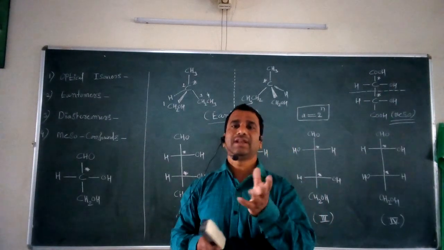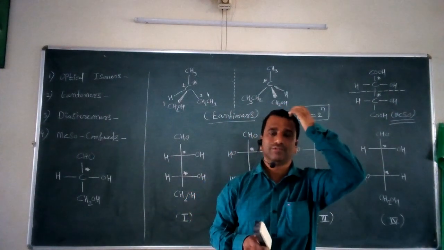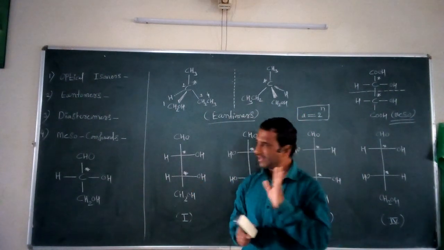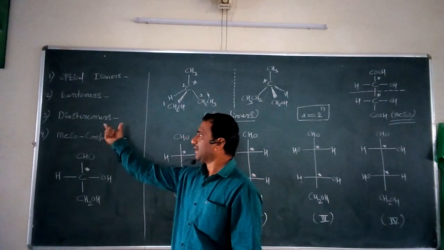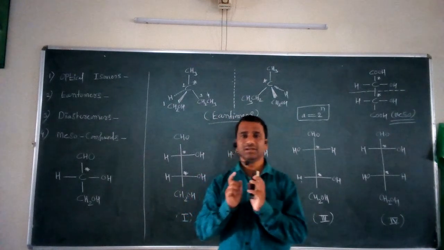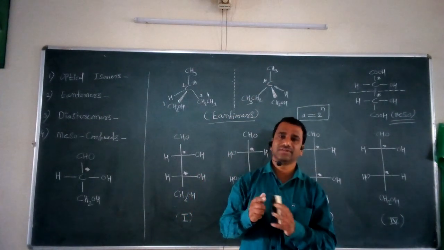They have different behavior towards plane polarized light, while they have similar physical and chemical properties. But diastereomers have different physical and chemical properties. So this is the first important difference.